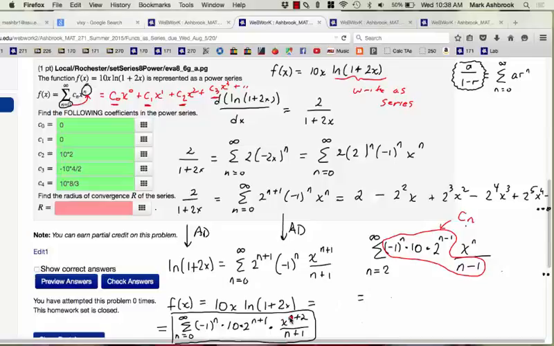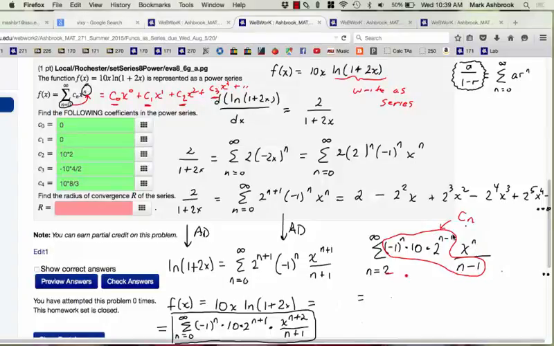So the first term I get is an x squared term. That means my first n value that's going to be non-zero is n equals 2. When n equals 2, I'll have x squared. That's how I started: with n equals 2, x squared.